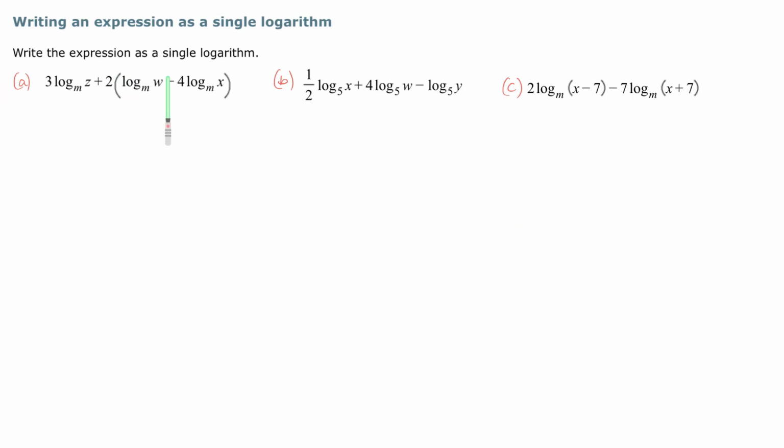Let's write the expression as a single logarithm. So we're going to change the way this expression looks. We're going to manipulate it, keep changing it, keep changing it, keep changing it. And we're going to use order of operations for part A here because there's a parentheses. Let's change this expression to look like a different expression. We're going to do order of operations first.